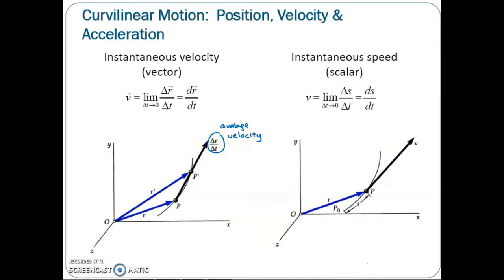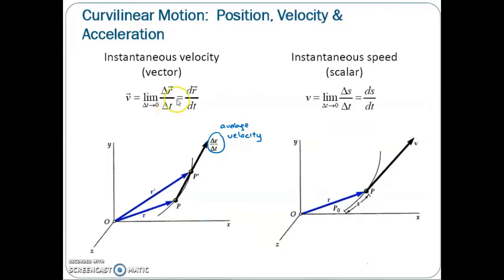The instantaneous velocity of the particle at time t is obtained by choosing shorter and shorter time intervals delta t and, correspondingly, shorter and shorter vector increments delta r. So we can write in an equation the instantaneous velocity, the vector v, equals the limit as delta t approaches 0 of the average velocity delta r over delta t.